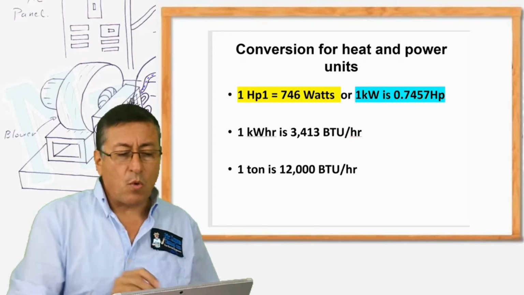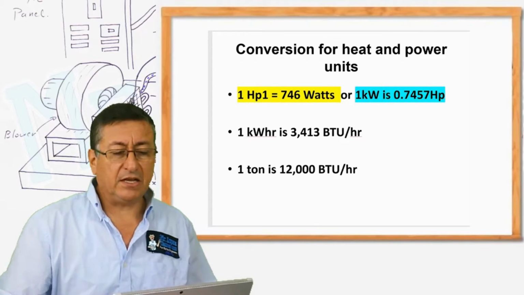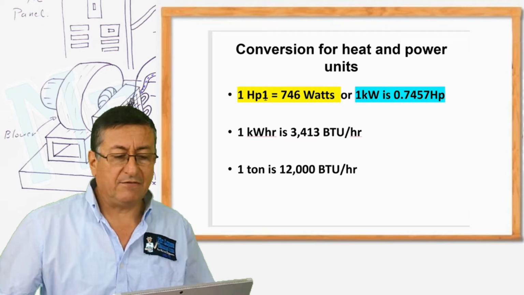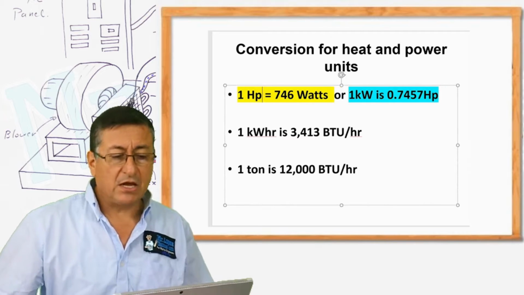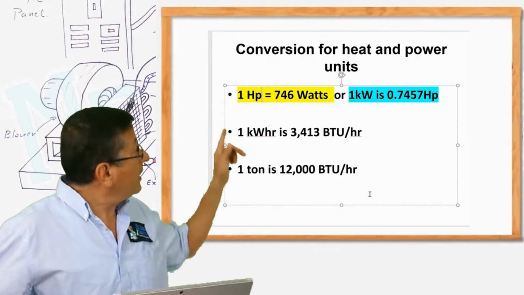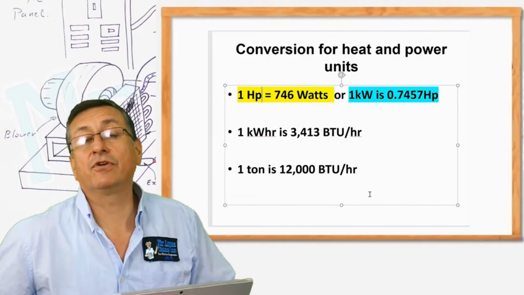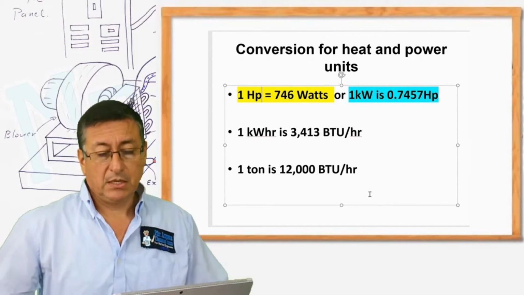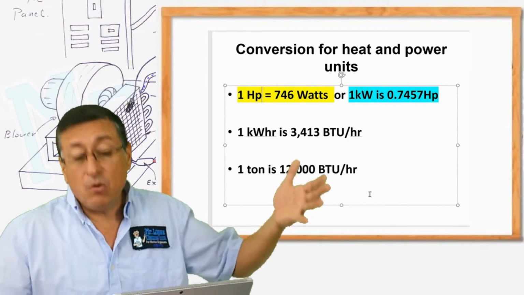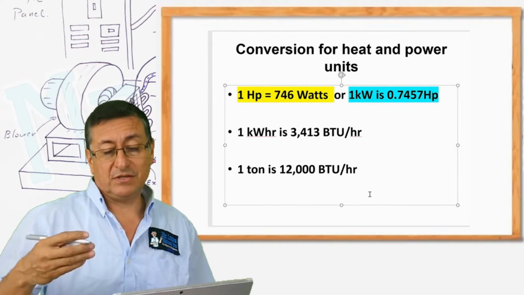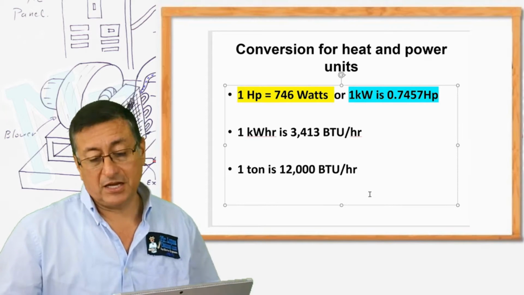Don't forget that 1 horsepower is equivalent to 746 watts. One horsepower of mechanical power is equivalent to 746 watts of electrical power. This is the same as saying 1 kilowatt is equal to 0.74 horsepower.